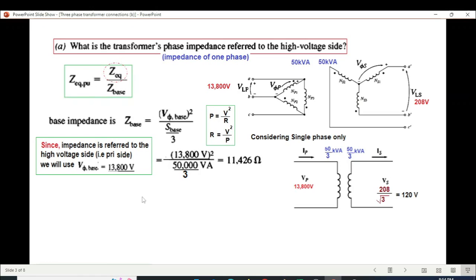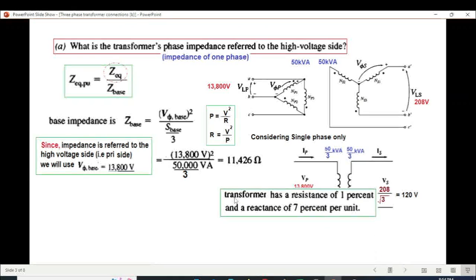And now Z equivalent PU is given. We write from here, the transformer has a resistance of 1% and a reactance of 7%. This is given in the question. So this can be written as the per unit impedance of the transformer, Z equivalent PU, is 1% which is 0.01, and 7% is 0.07 with a j because this is the reactive term.